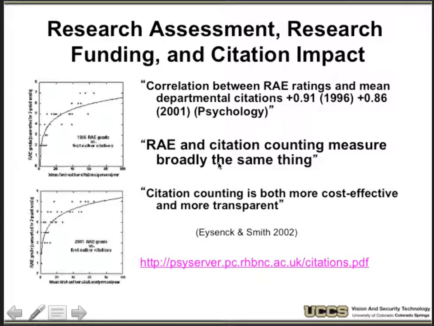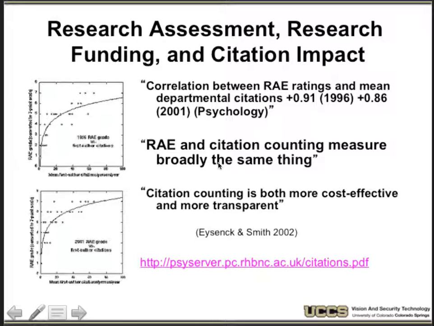And even though the RAE in the UK did not include citation counts as part of what they were doing for ranking, the correlation between the ranking in psychology departments, for example, and their numbers of citations was 0.9, which is a very, very large correlation, and it's generally very high. So the citation counting is more cost-effective and more transparent in terms of who's doing what in terms of good quality research. So the more people are citing your work, the more important it is.